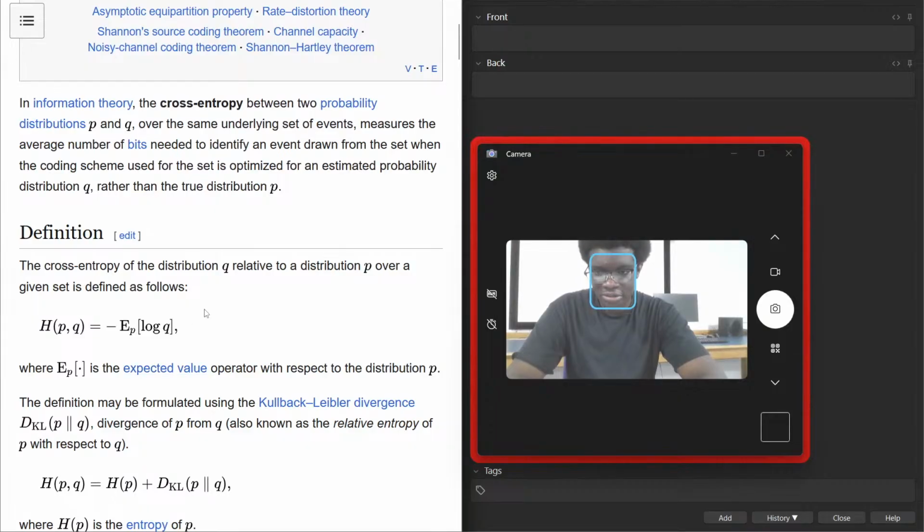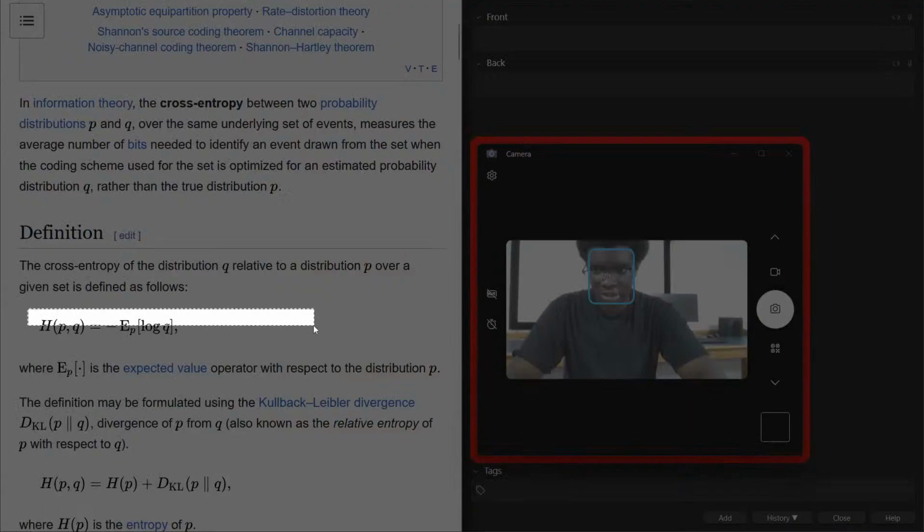Wait, how is this different from? Oh wait, so the KL divergence is just what? Oh, okay.